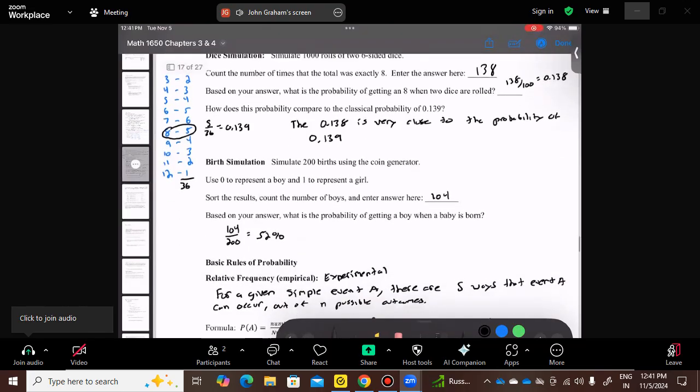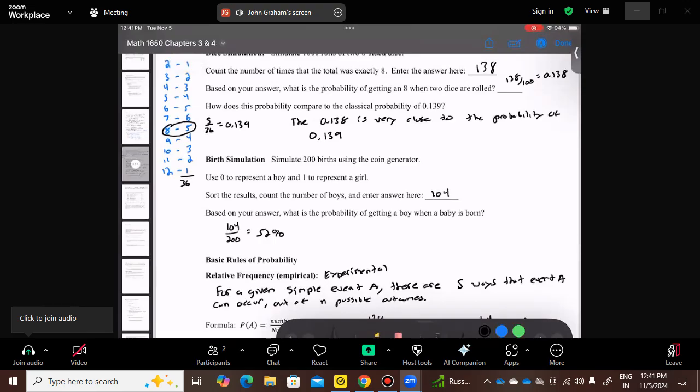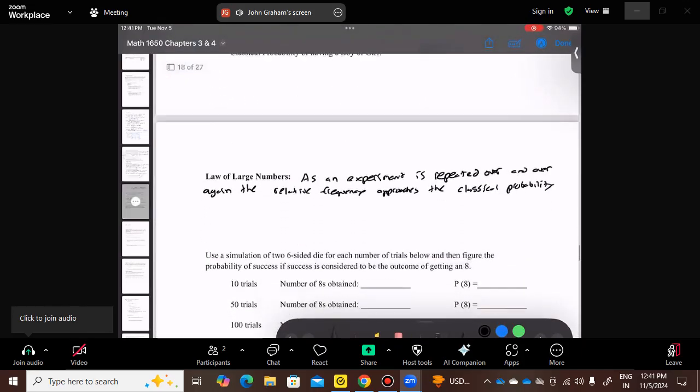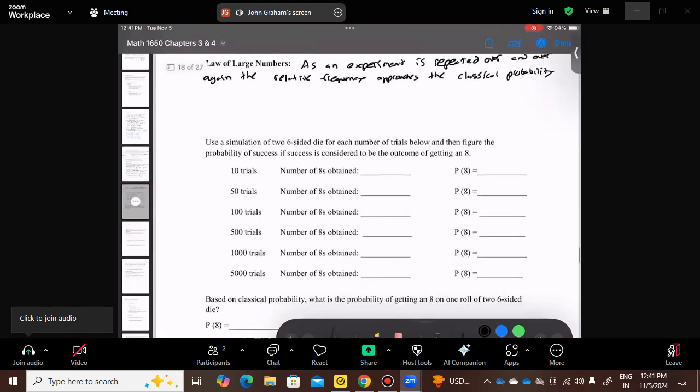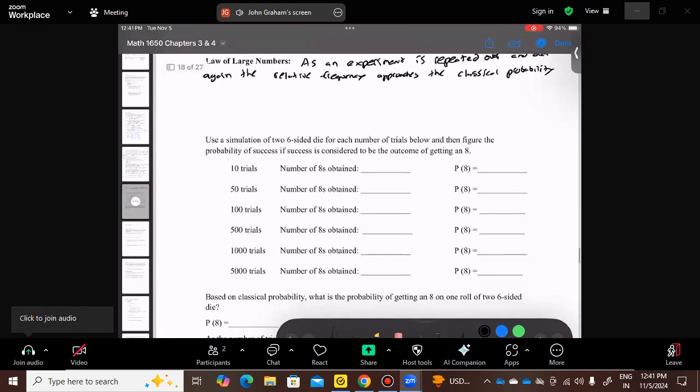We also saw this with the 200 births. Usually 50 to 100 can be a decent sample size to get a value that's pretty close. 100 is usually when it starts to happen, and we're going to see that, hopefully, in this next example.